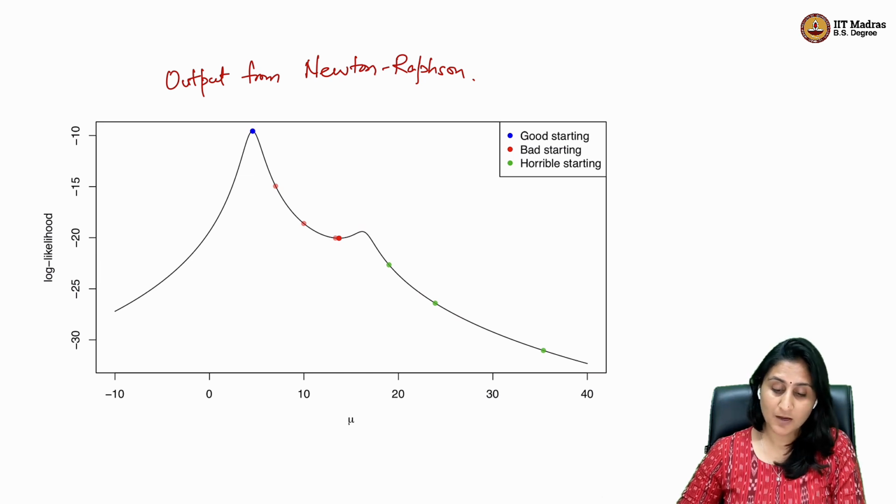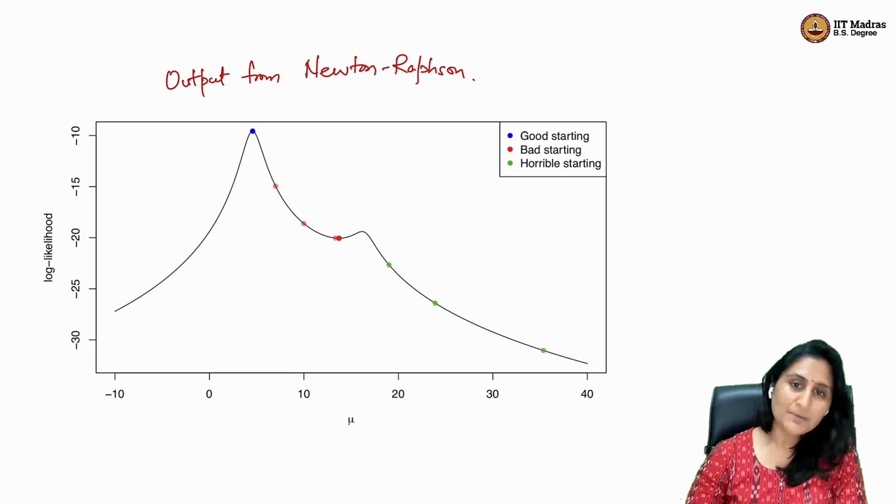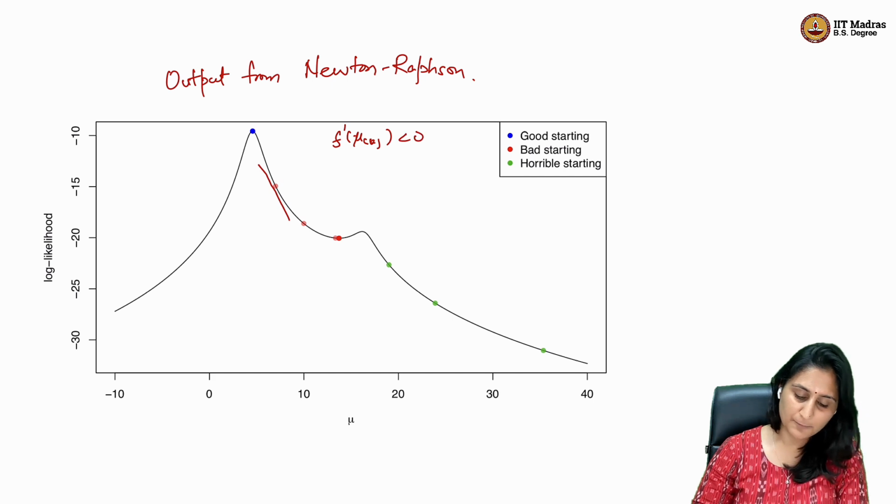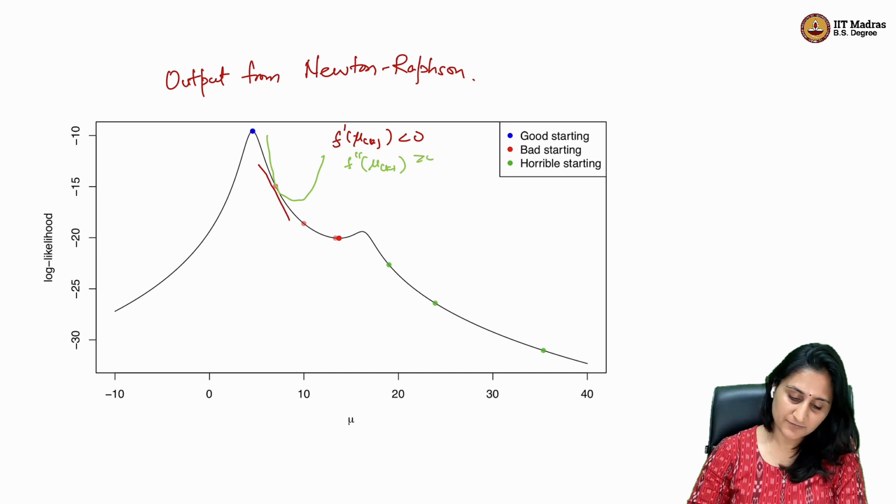But if I start from a bad starting value, which is this, what's happening is that over here we have a decreasing function, which means f prime of mu k is less than 0. But also we have a function that is convex, which means f double prime over here is positive.